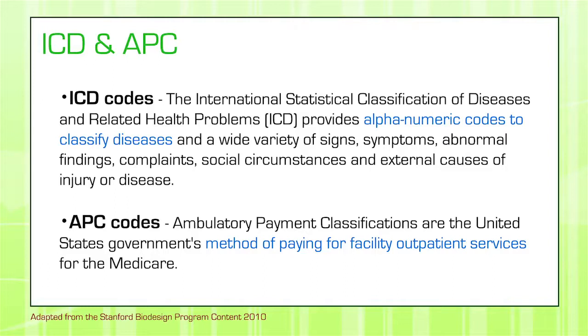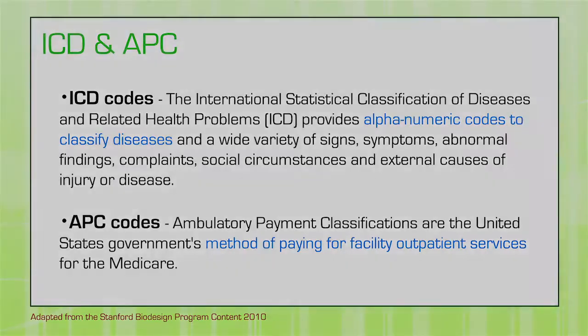Finally, APC codes, or Ambulatory Payment Classification codes, are used by the United States government as a method of paying for facility outpatient services in the context of Medicare. All these reimbursement codes, as we have mentioned, can sometimes be really complex to code.